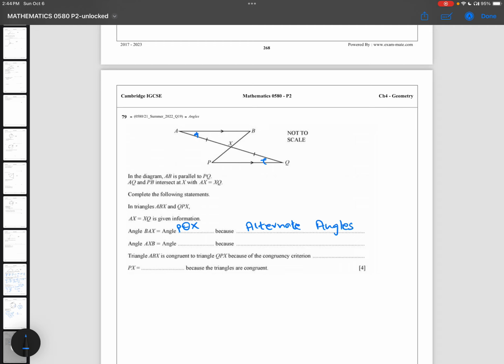Now it says angle AXB. This angle will be equal to angle QXP because vertically opposite angles.